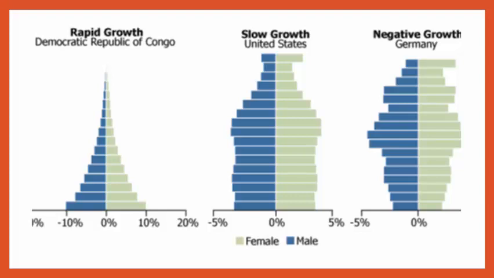So that means there's not as many people that are in that reproductive age bracket that are going to be having the babies to replenish the number of people that are in the older age brackets. Now in the middle of the screen is slow growth. That's the United States. We have a pretty straight column, but when you get to the older years, that's when things taper inwards.